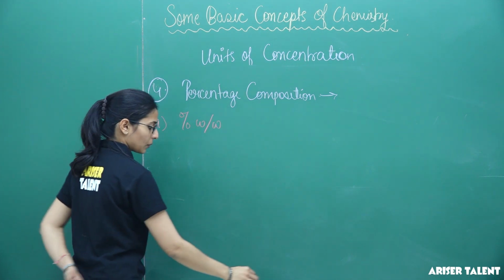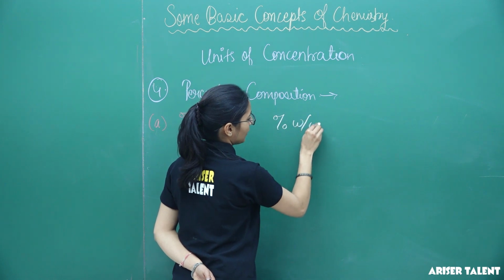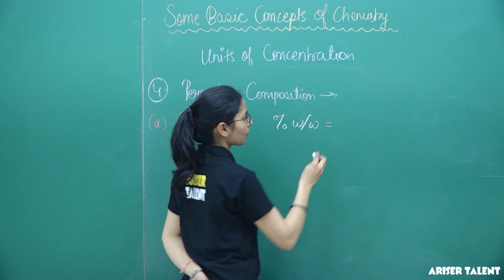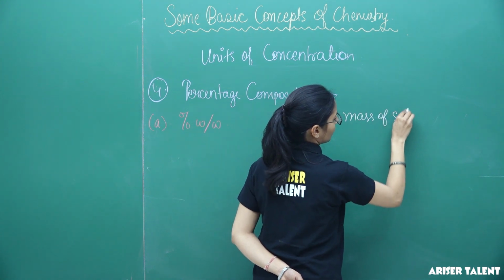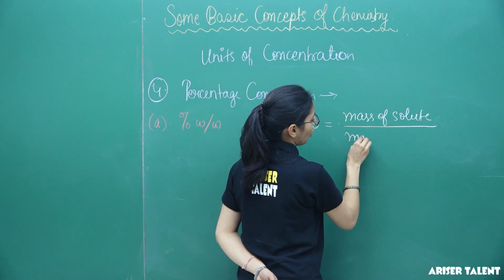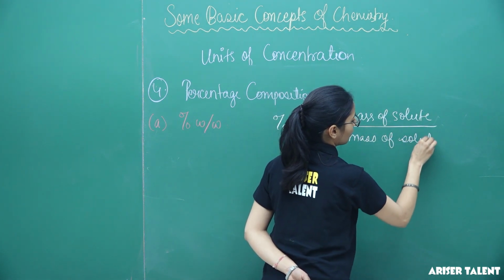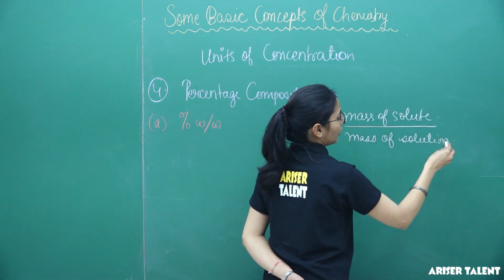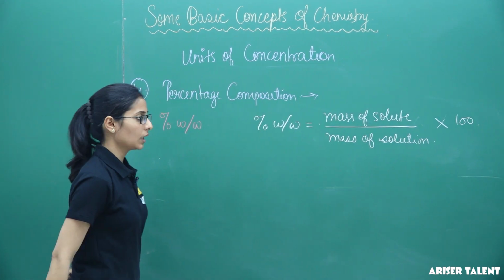The percentage weight by weight is equal to mass of solute divided by mass of solution into 100. Is this okay?